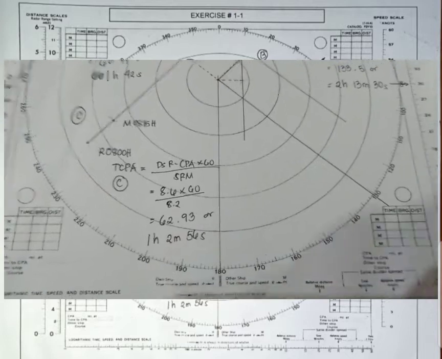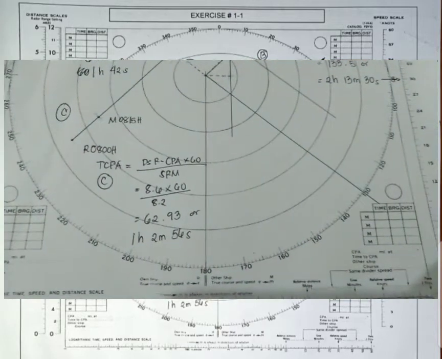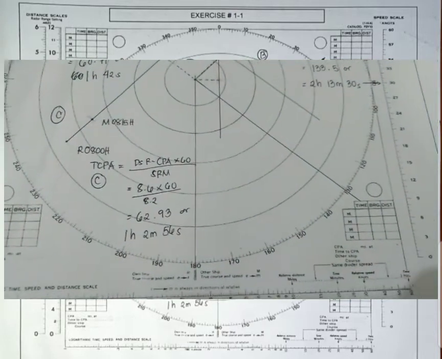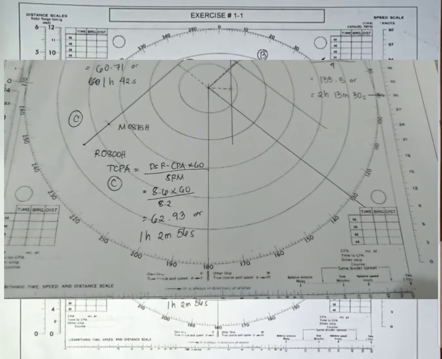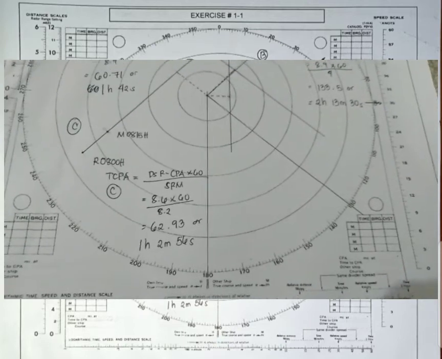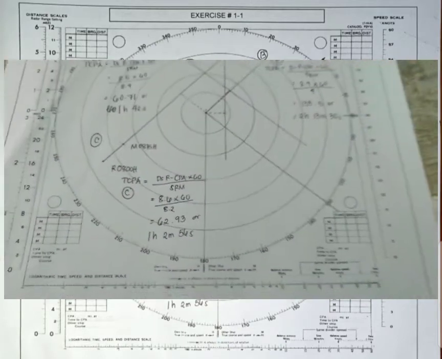So the contact C will have a closest point of approach to our ship after 1 hour 2 minutes 56 seconds. So yeah, that's it.